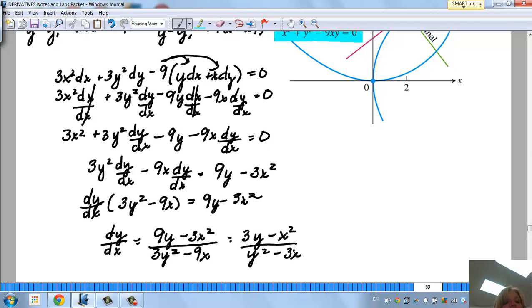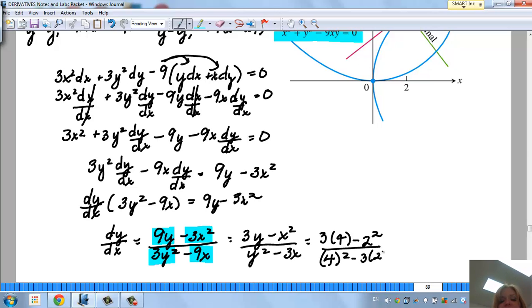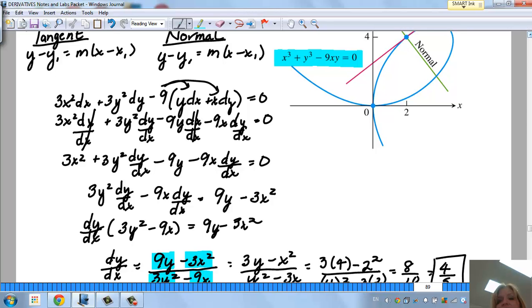The reason I did that is it makes the math a little bit easier, because every single one of these terms can be divided by 3. So I have 3 times 4 minus 2 squared, all over 4 squared minus 3 times 2. So that comes out to be 8 over 10, or 4/5, which I'm kind of happy about because the tangent line looks like it's got a positive slope.